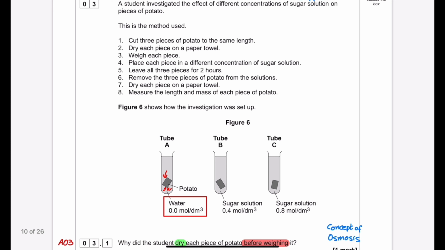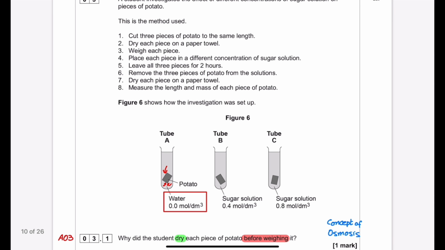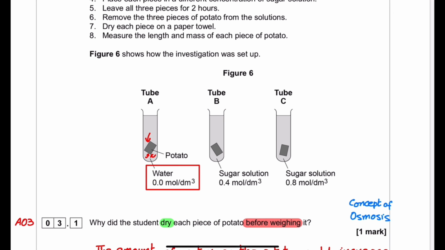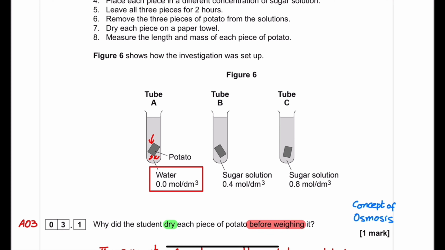Now the first question is coming, which is an AO3 question, 3.1. Why did the student dry each piece of potato before weighing it? The student must have the concept of osmosis.